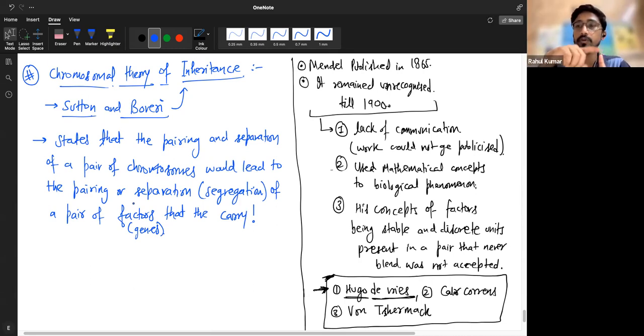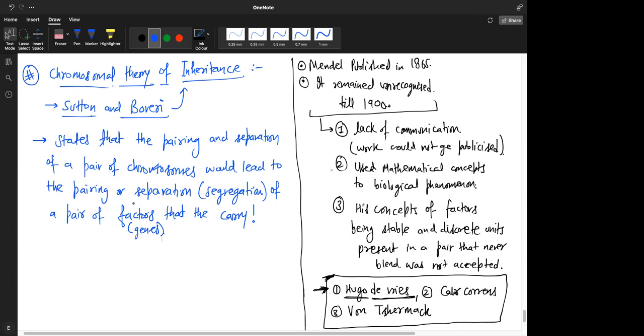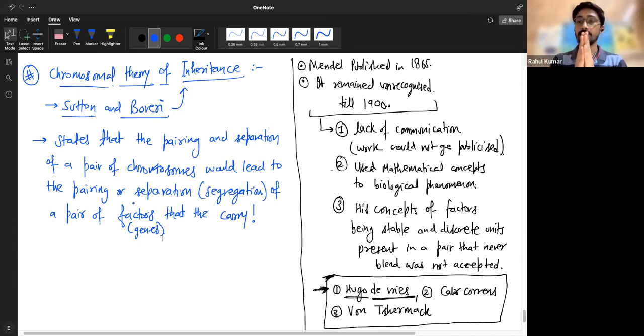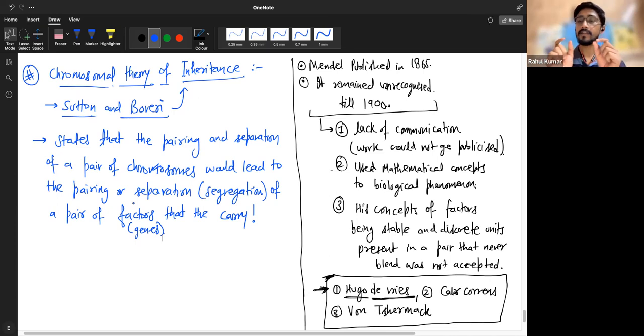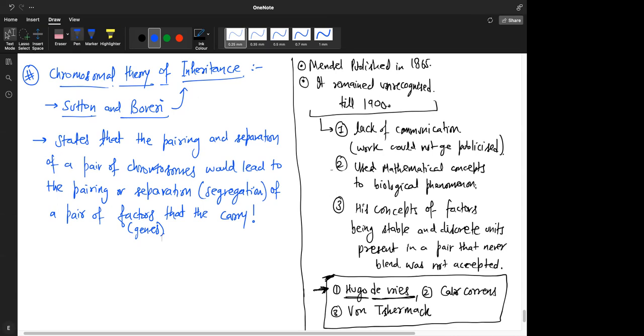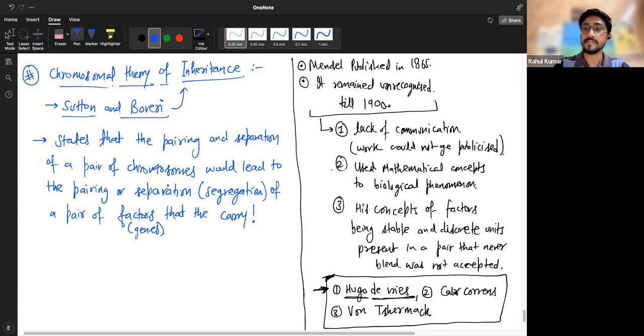When both of them fuse during fertilization, the first unit that we did, reproduction, these two copies merge together, and for every chromosome from 1 to 23, we have two copies, one pair. If you separate these, then the different alleles present on different chromosomes also get separated, just like we were doing in Mendel's monohybrid or dihybrid crosses.